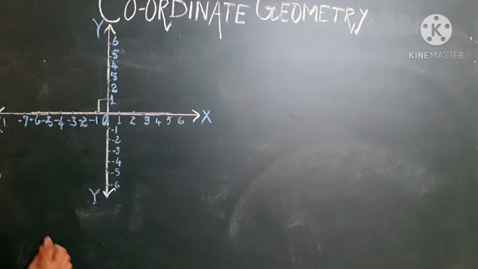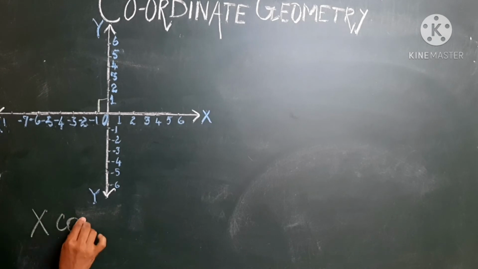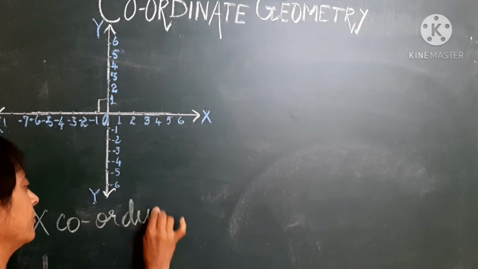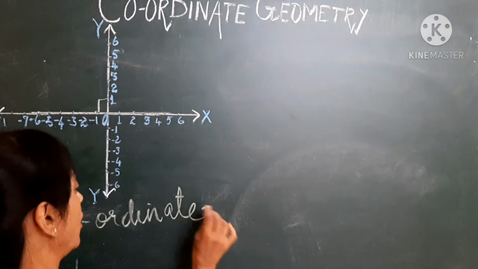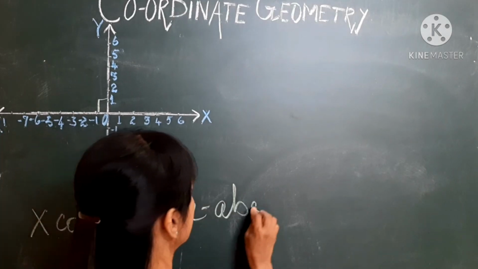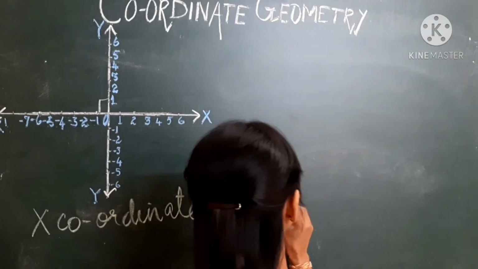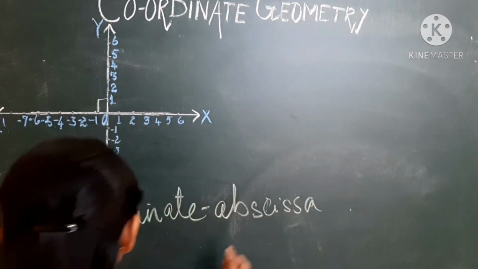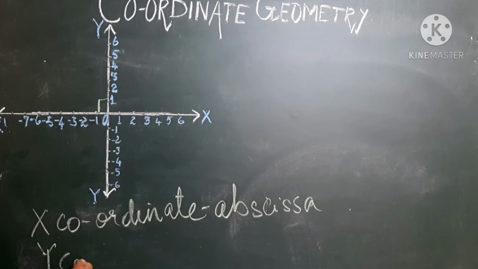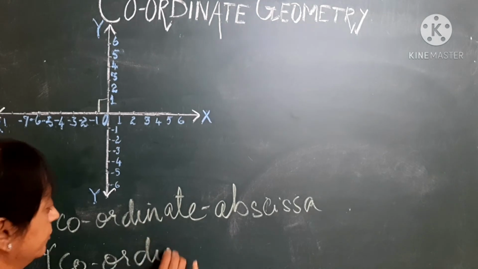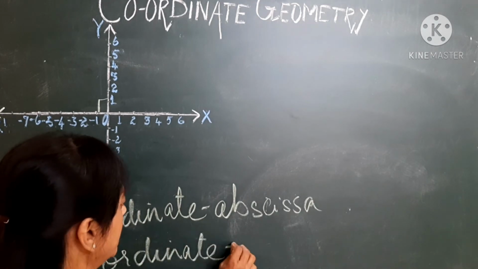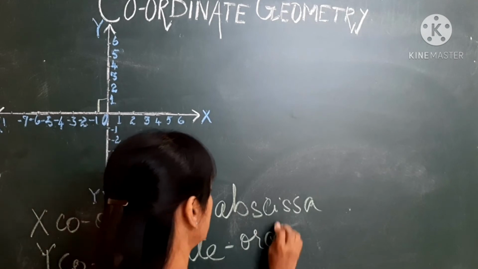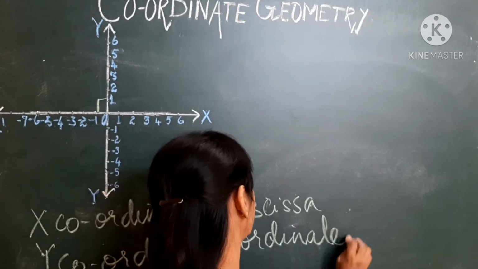So, the x coordinates, we know, children, is always called as the abscissa, and the y coordinate is always called as the ordinate.